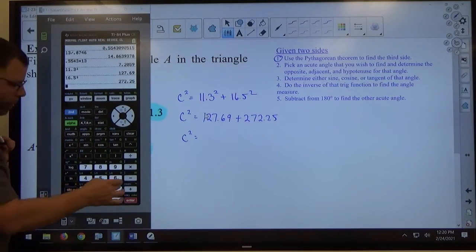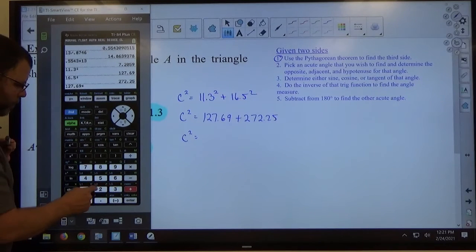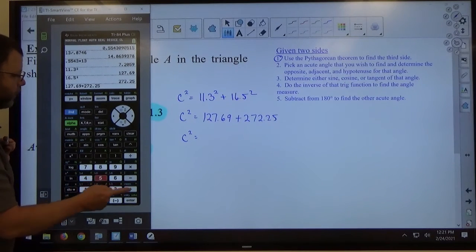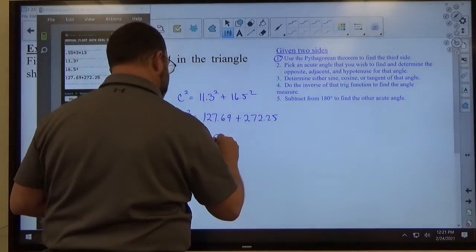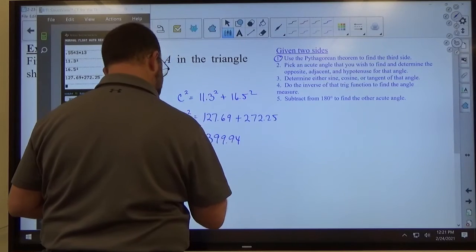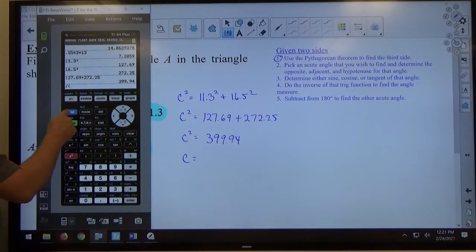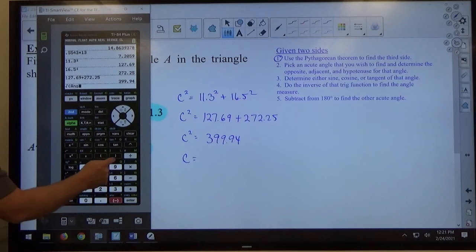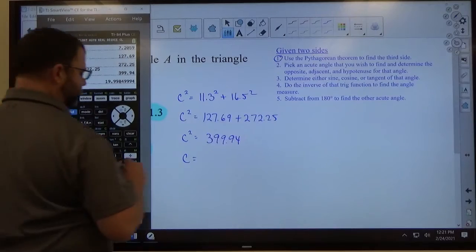We add those together, so 127.69 plus 272.25 comes out to 399.94. So C is going to equal the square root of that, which is 19.998.